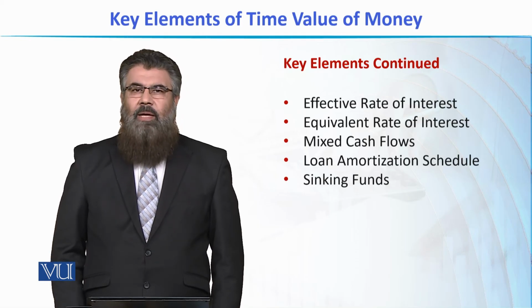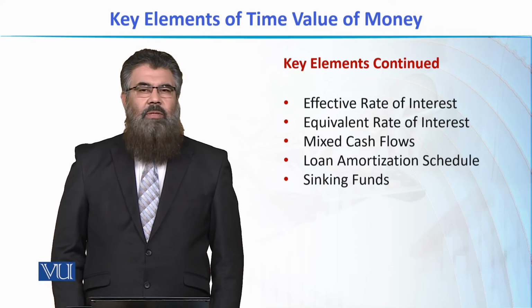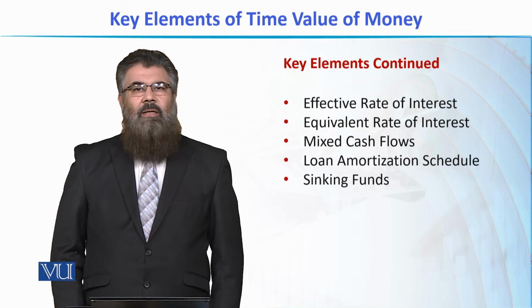A couple of applications of time value of money that we discussed were loan amortization schedules, where we see that in every installment that we pay to return a loan, how much is the amount of interest and how much is the principal repayment and what is the balance.